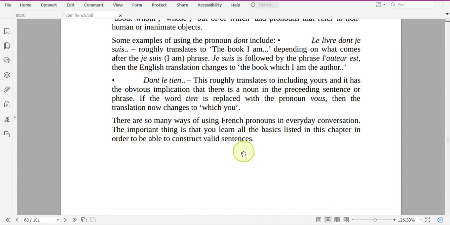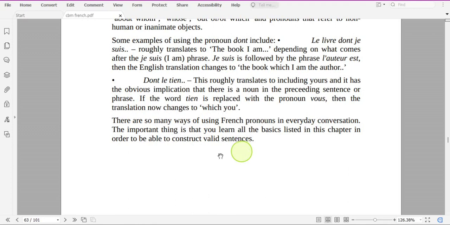Dont le tien, the one of which I give him, right? Yes, that's the meaning of that. Okay, sorry. The one which is his own, which you.